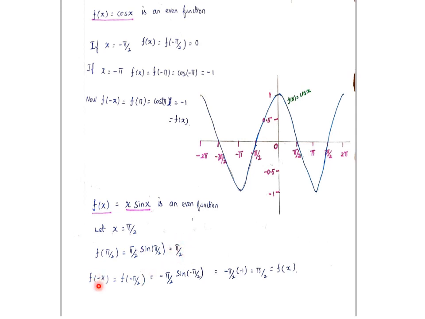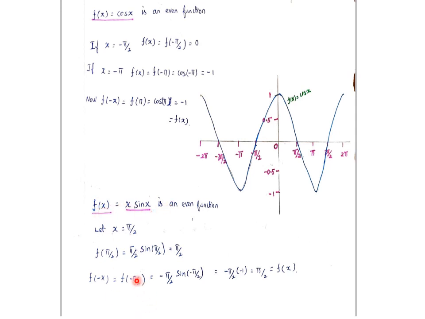Now, we have to show that f of minus x equal to f of x. Therefore, we are considering f of minus x. f of minus x is equal to f of minus pi by 2. As per our definition, f of x equal to x into sin x.